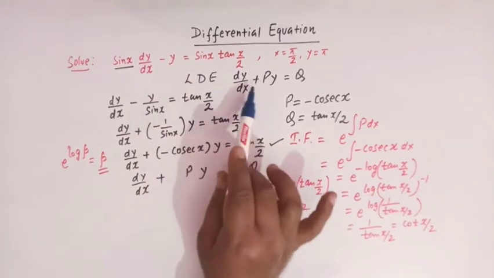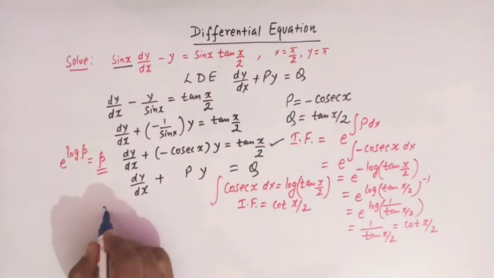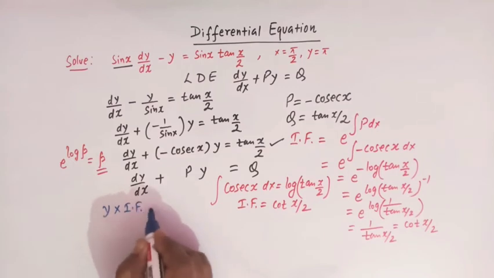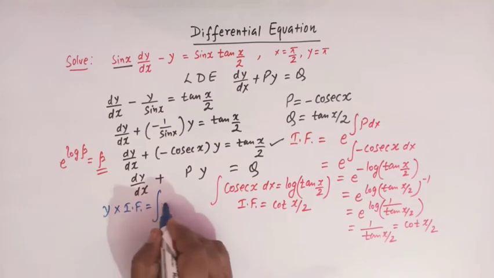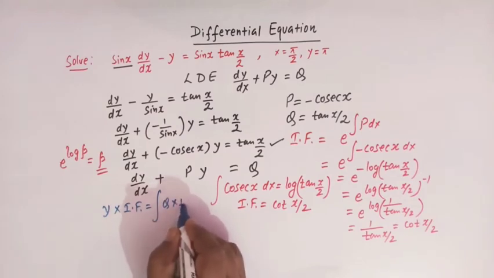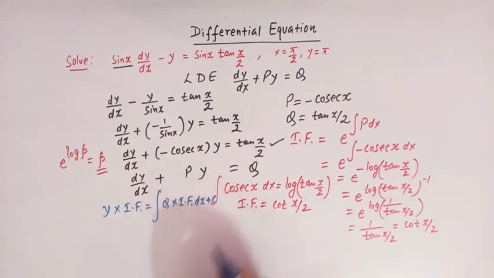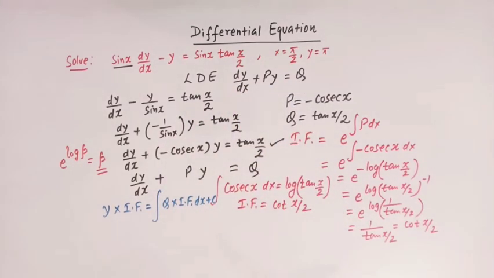Now the solution of this differential equation is given by y multiplied by the integrating factor equals the integral of q times the integrating factor dx plus c. This is the solution of this type of linear differential equation, where c is the constant of integration.